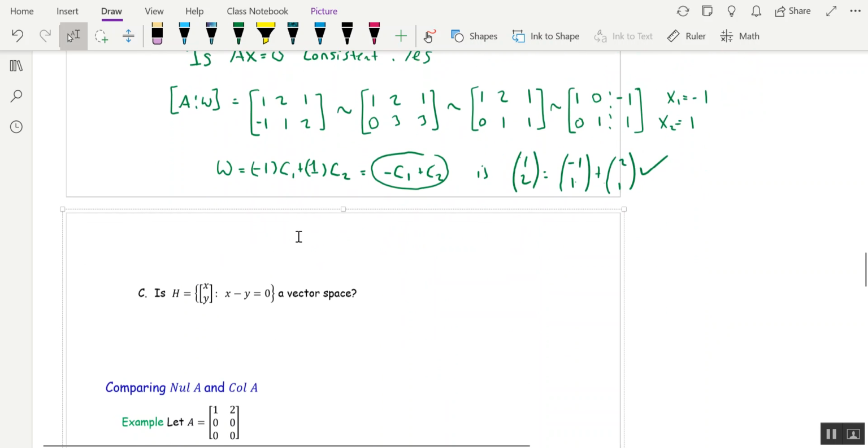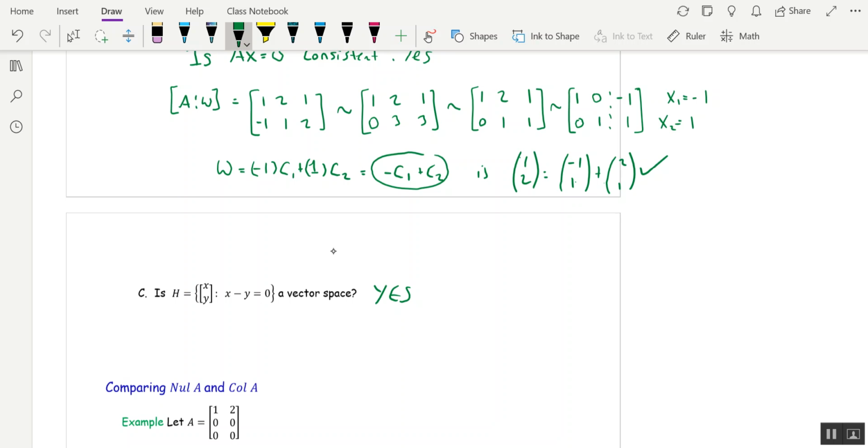All right. Next one is H equal to the set of vectors in R2 that satisfy this requirement, x minus y is 0. Is this a vector space? I would say yes. Think of this as a linear system. It's got one equation in it, but it's a homogeneous linear system.